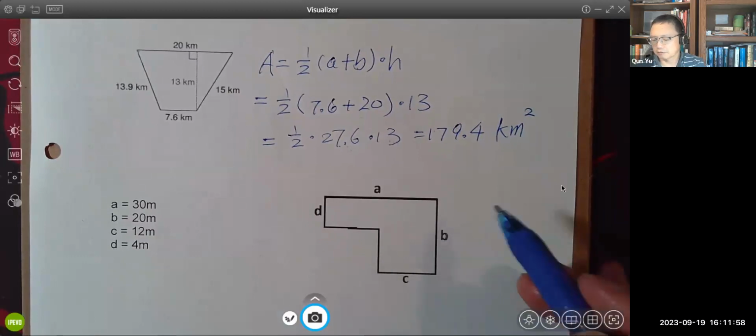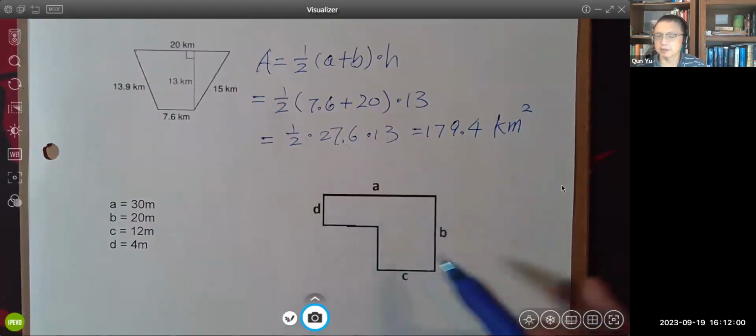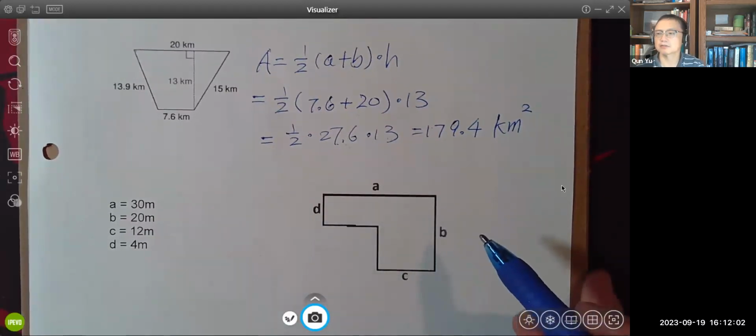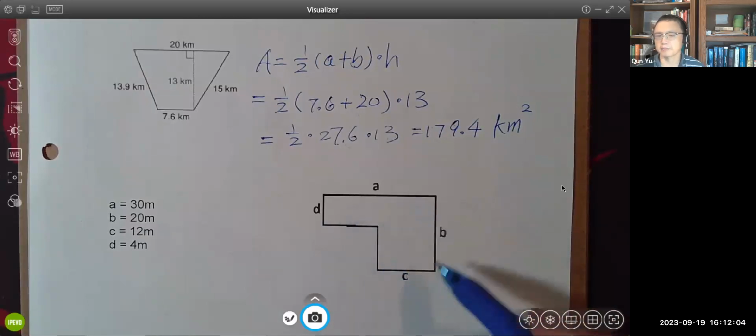Now we are looking for the area of this shape. Apparently, we don't have a formula for this particular shape. We call it an irregular shape because we don't have a fixed formula for that. So whenever this happens, you want to use a strategy called divide and conquer.